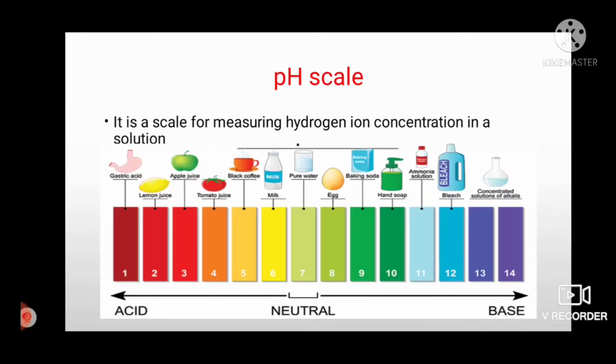It's a German word which means power, and the letter H stands for hydrogen ion concentration. What is pH? The strength of an acid or base is measured on a scale of numbers called the pH scale. And the pH scale has values from 0 to 14.